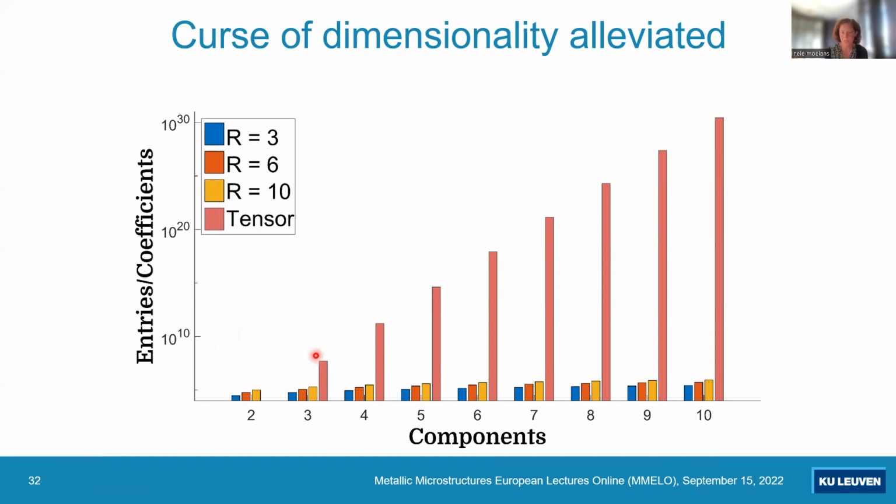The number of data depends exponentially on the number of components. But if you use this tensor decomposition, it will only grow linearly with the number of components. The exact number of data points that you need will, of course, depend on the rank that you will need for an accurate description. And this is something that we still have to try out for the Gibbs energies.